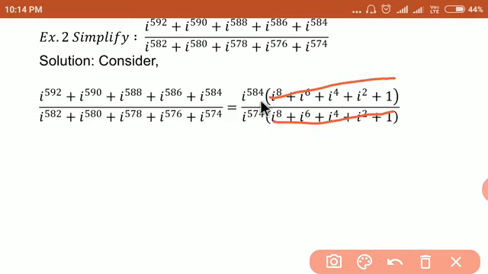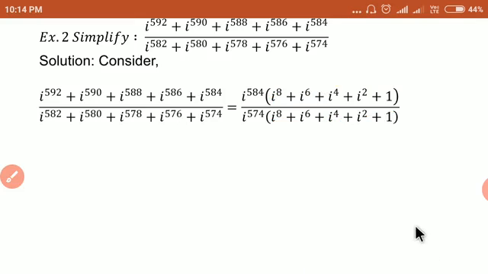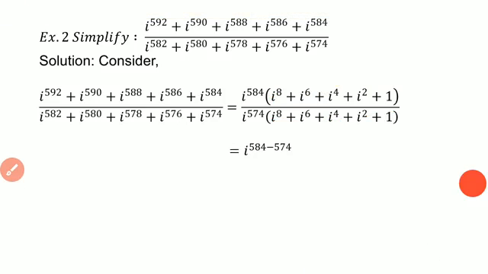And we remain with i raised to 584 divided by i raised to 574. And so now it is equal to i raised to 584 minus 574, and it is equal to i raised to 10.